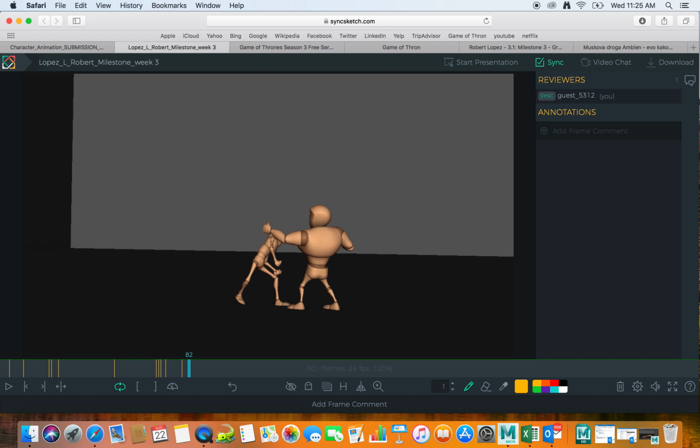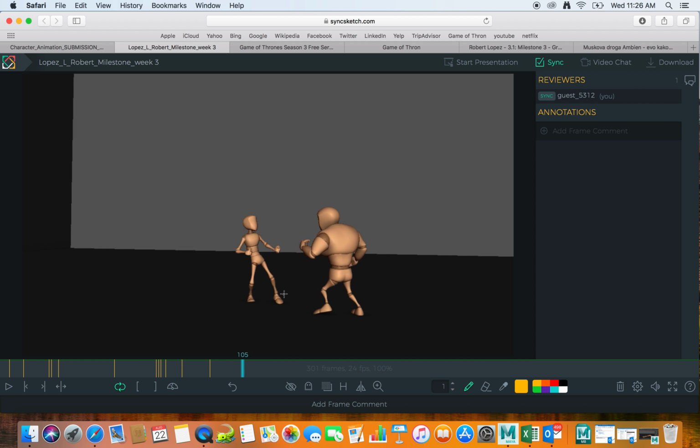How is it possible that his upper body moves so much, but his hips stay in the same place? This whole movement has nothing to do with reality. So this has to be fixed somehow.